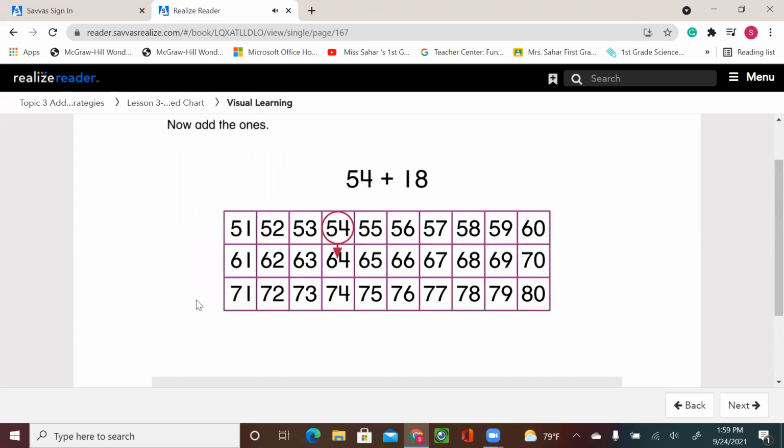Now add the ones. You are already at 64. Now move ahead 8 to show 8 ones. How many spaces ahead is 72? You need to go to the next row to add them all. 72 is 8 spaces ahead.